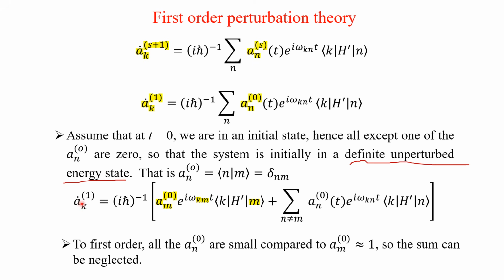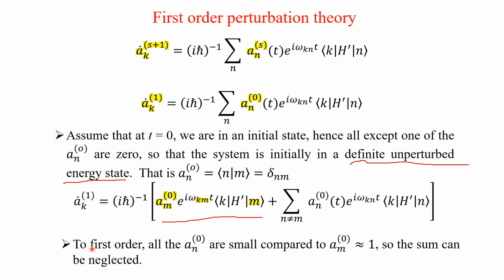Now, a dot k1 can be written as I h cross. This is the initial state. As I told, that initial state, initial expansion coefficient, we have taken as m, because when n is equal to m, this has a non-zero value, and all other states, that is when n is not equal to m, this is going to be naturally 0, except this initial expansion coefficient am 0.